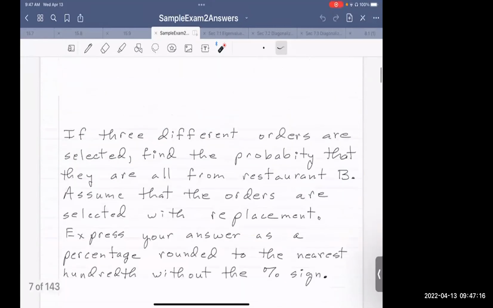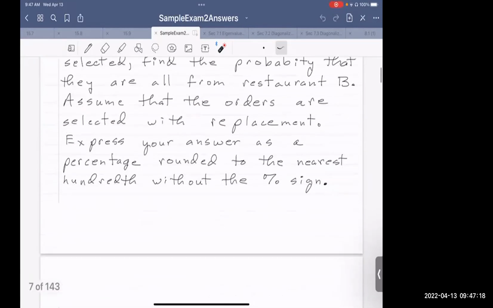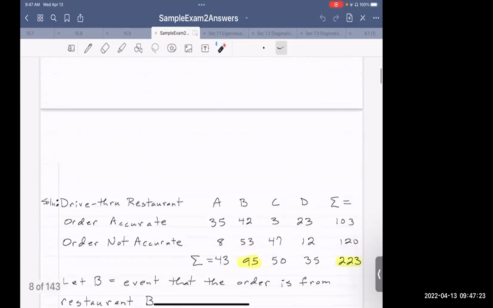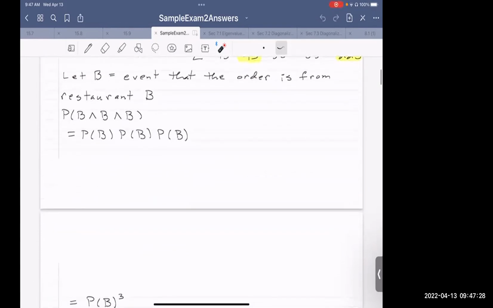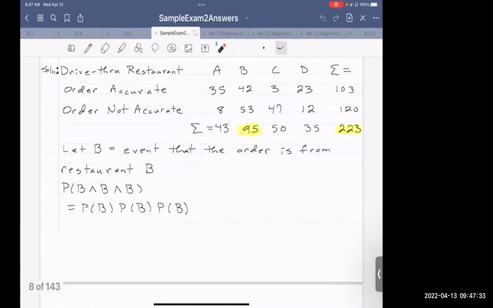Now, since we assume that these are selected with replacement, each of the events are independent. So if you select one from restaurant B or any of the other restaurants, then you put it back into the pile again. And so for the probability that the second one that you choose is from restaurant B, it will still be 95 out of 223.